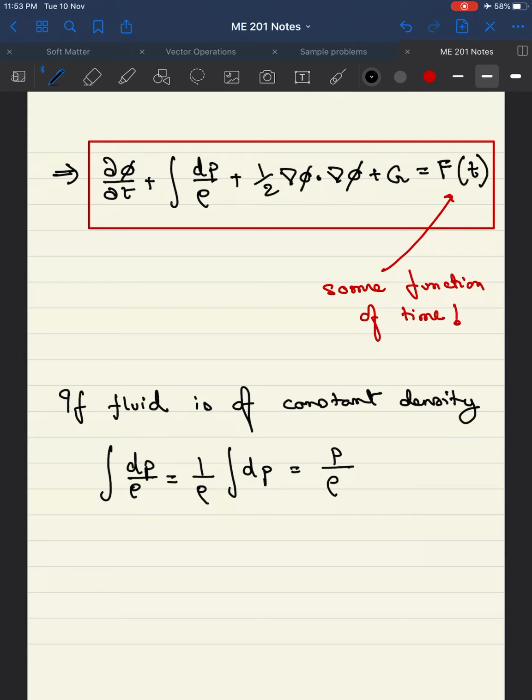But let's say you have an ideal gas. If the fluid is an ideal gas, then my pressure and density are not anymore independent. In fact, they are related to each other by the equation of state, which is this.